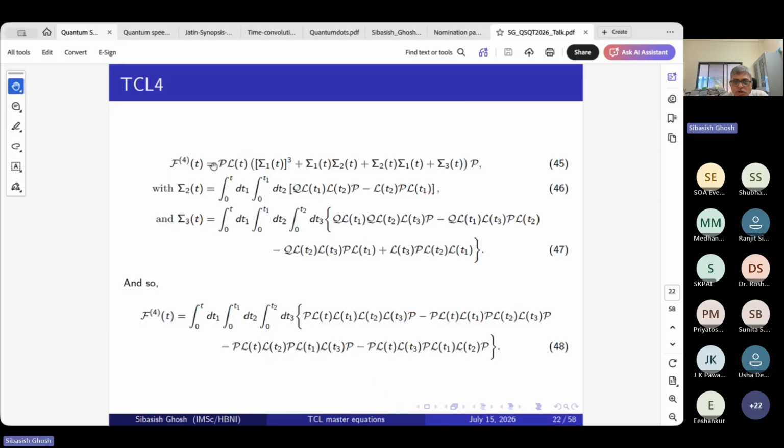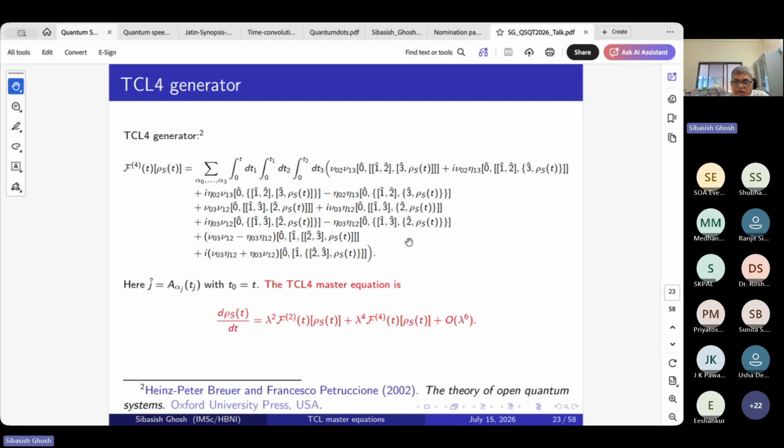Okay, so now F4 of t, this is the fourth order TCL generator. It has all this integral form you can see, and equation 48 will give you these integrals. So there are three time integrals, and whatever is inside this bracket will also involve a frequency integral. Okay. So I don't want to scare you with all these expressions. These are a bit scary, this F4 of t acting on rho s of t.